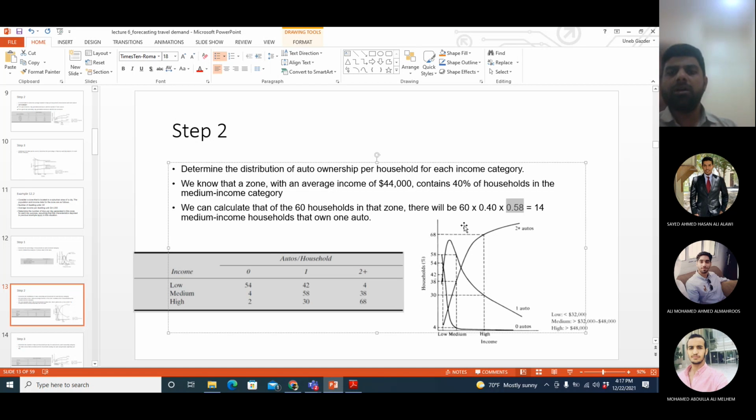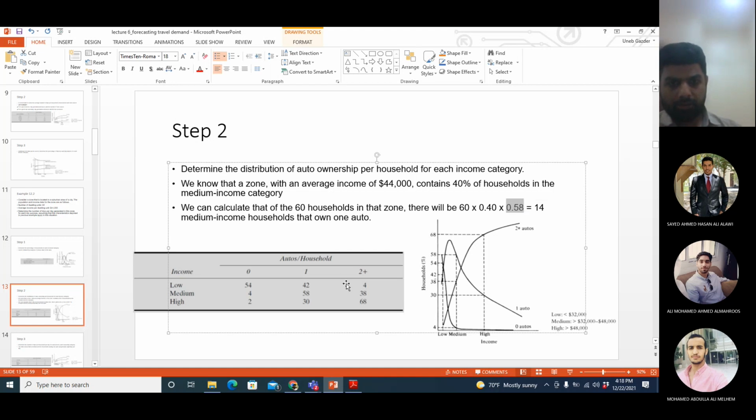To find out the actual number of households for each income category and car ownership, you multiply the total number by the percentage of households for that income category, and by the percentage which has the car ownership you are looking for.